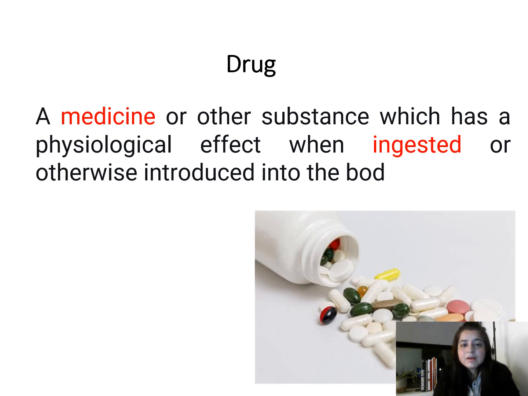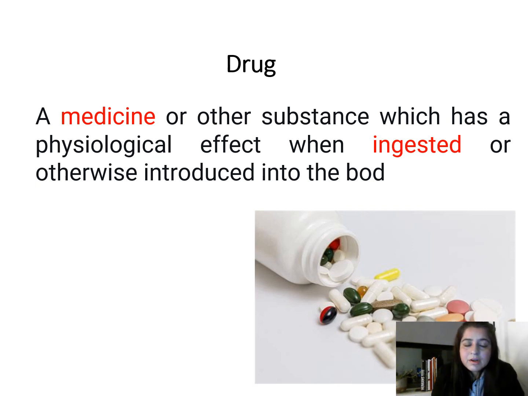A drug can be a natural product extracted from a natural source, from plants, from marine organisms, and from many other natural sources, from which we can extract chemicals that can bring a change in the physiology of an organism.